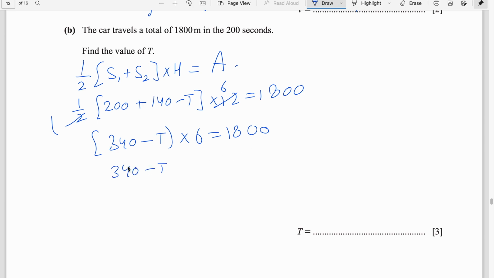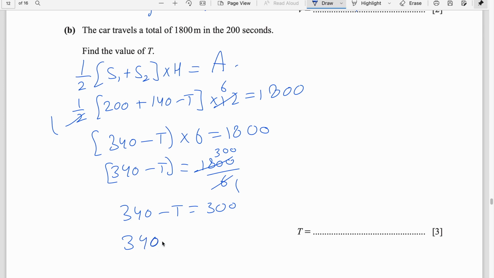So 340 minus t is equal to 1800 by 6. 6 1 times and 6 3 times. So 340 minus t is equal to 300. Bring this 300 to the left hand side and take t to the other side. So 40 is equal to t. Value of t is 40.